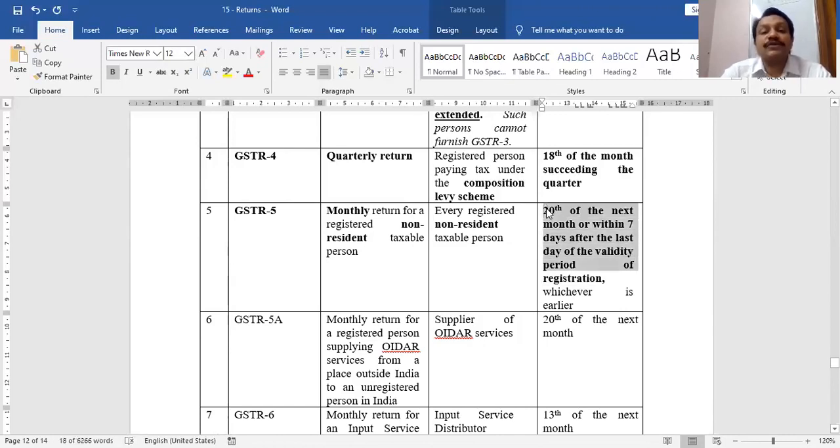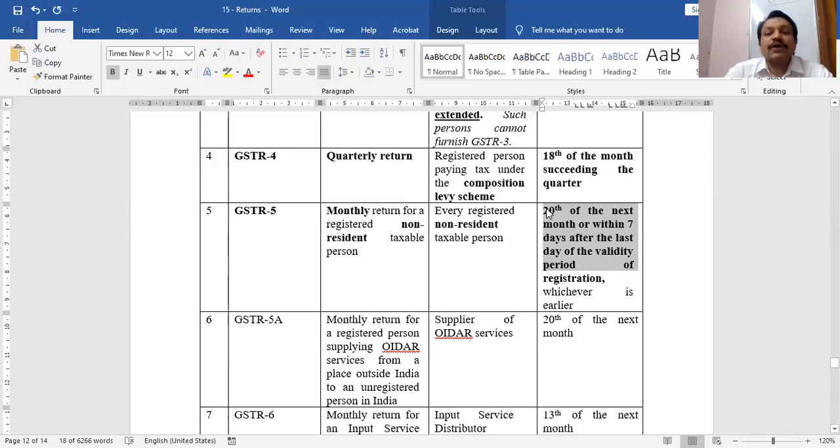Suppose the last date of validity of my registration certificate is 3rd February 2020. So what is the due date? 20th February, or 10th February 2020, whichever is earlier. This is GSTR 5 for the non-resident person.